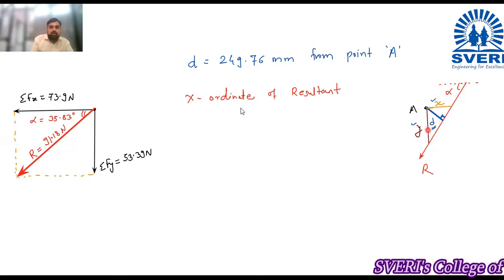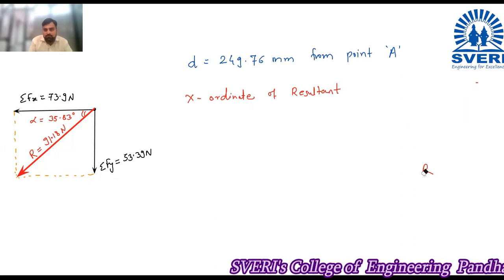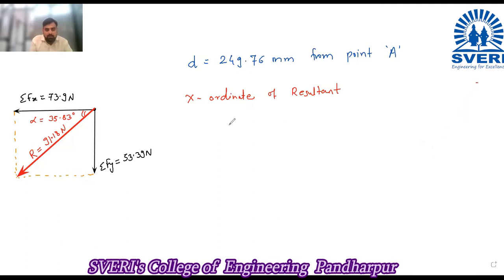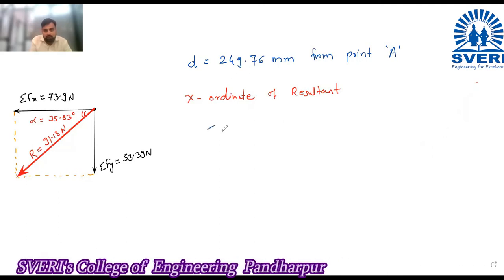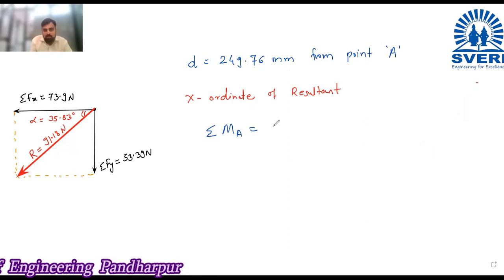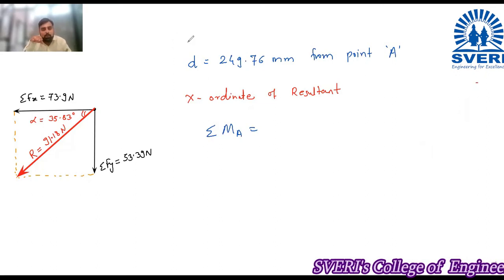Now to find the x-ordinate, I will erase this. Again we will write the same formula, moment about A. To find the shortest distance, we used the formula R into D, and from that we got the shortest distance. Now instead of R into D, we want the x-intercept.